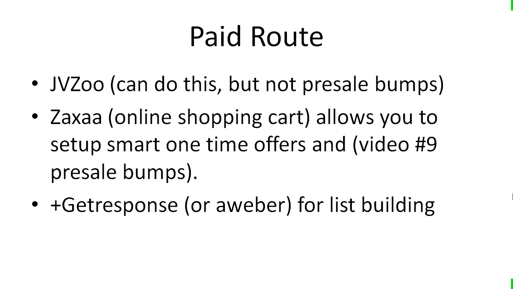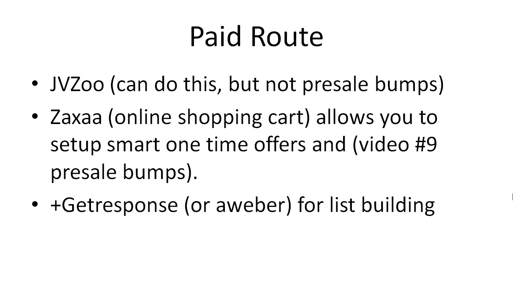Now, with JVZoo, they have a lot of benefits, but let's say, for example, that you make $1,000 in revenue. You're going to have to pay PayPal fees plus JVZoo fees, which I believe is about 5% or somewhere around that number. So you're paying 5% plus PayPal fees, which is about 2.9%. So you're essentially paying about 7 point something percent.